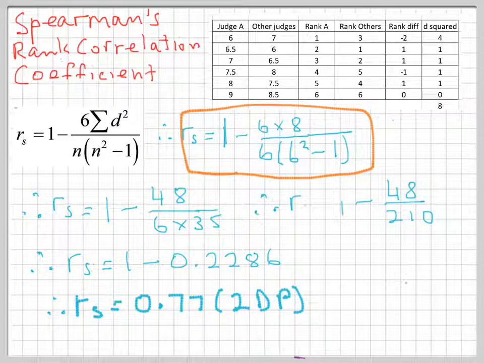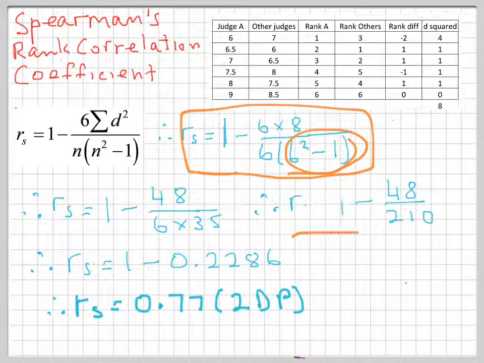Now the rest of it's just tidying up. So, R subscript S, the Spearman rank coefficient, that's what we call it, is equal to 1 minus 48, because 6 times 8 is 48, over 6 times 35. Why 35? Because it is 6 squared minus 1. So we've got 6 times 35.